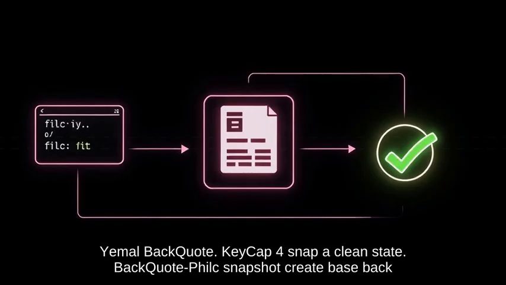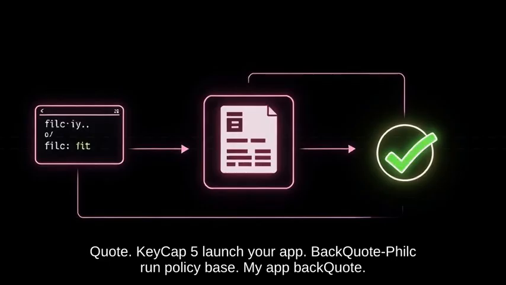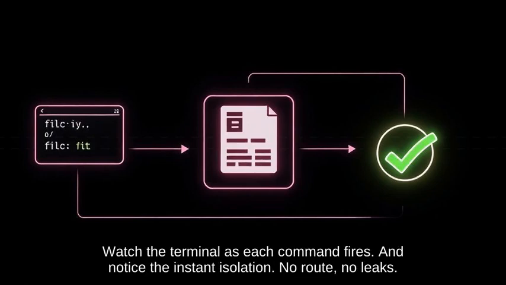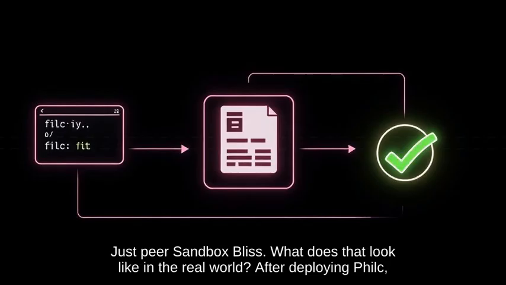Snap a clean state: filk snapshot create base. Step 5. Launch your app: filk run, policy base, myapp. Watch the terminal as each command fires, and notice the instant isolation. No root, no leaks, just pure sandbox bliss.